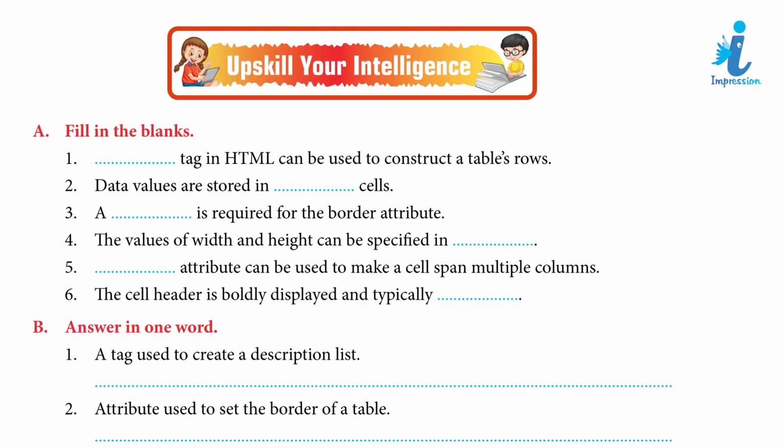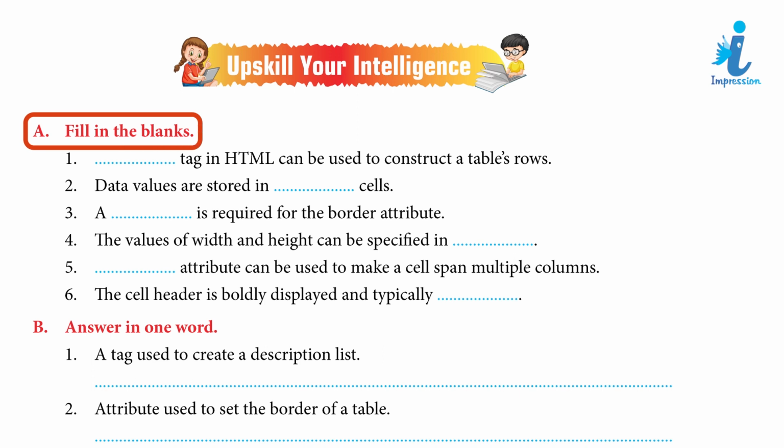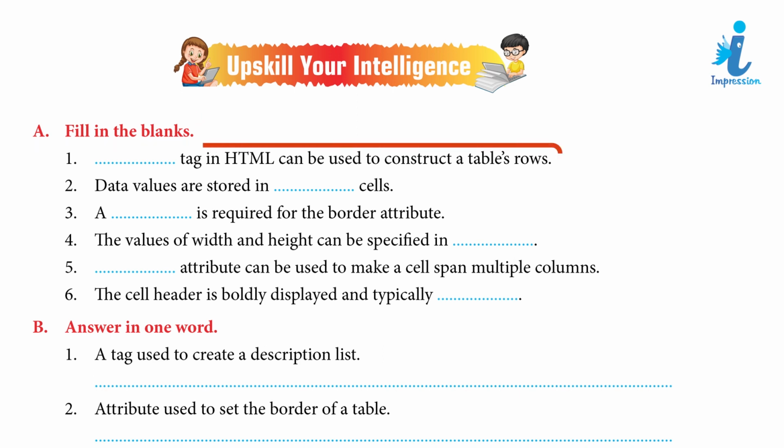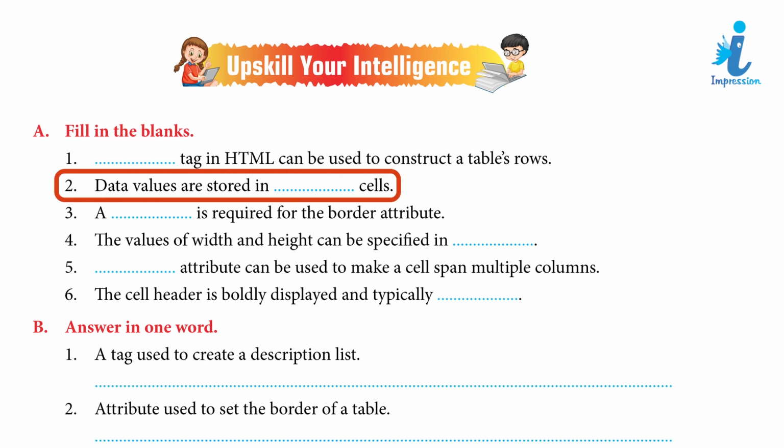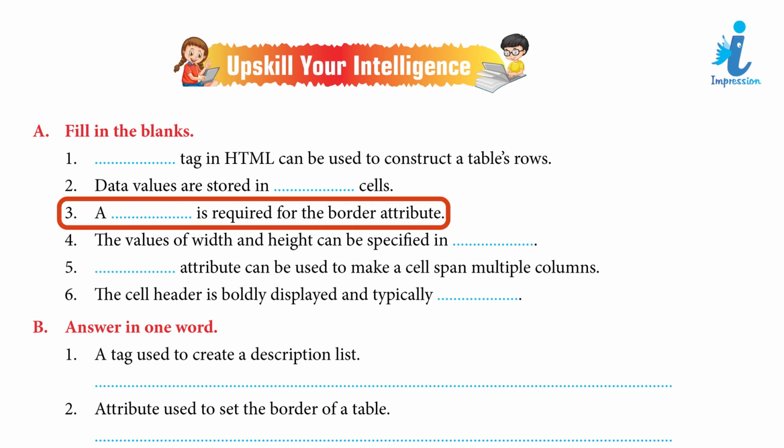Upskill your intelligence. A. Fill in the blanks. 1. The dash tag in HTML can be used to construct a table's row. Answer: TR. 2. Data values are stored in dash cells. Answer: table. 3. A dash is required for the border attribute.